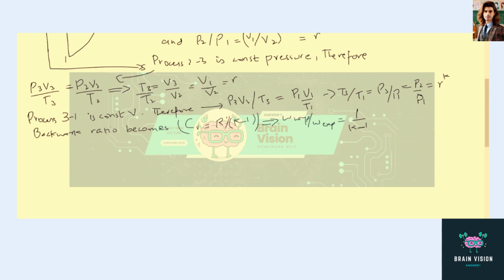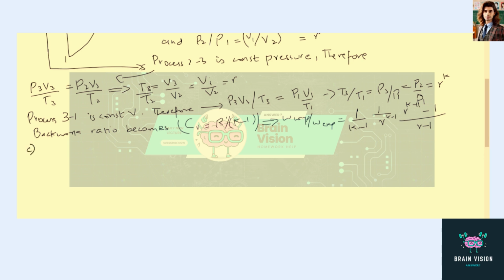Now we are putting the values: 1 over R power K minus 1 that we have calculated above, all in terms of R power K minus 1 divided by R minus 1.